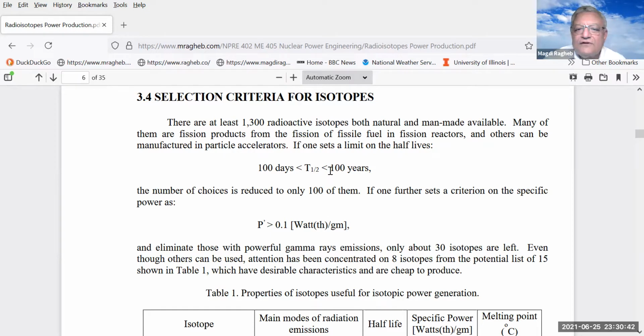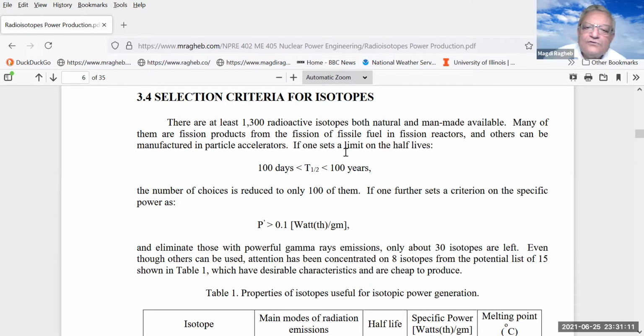Engineering-wise, you'll find that it is not useful to take an isotope of uranium-238 to produce power. It doesn't produce much power at all because its activity, or the radiation that it emits, is very low when the half-life is too long, in the billions of years. So practically, you need to choose an isotope with a half-life between 100 days and 100 years.